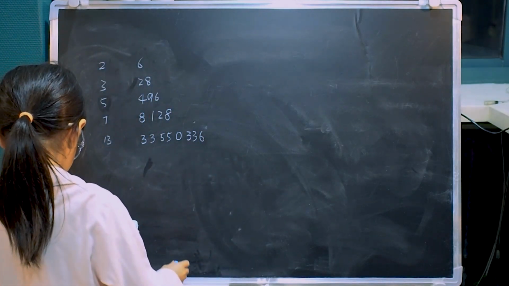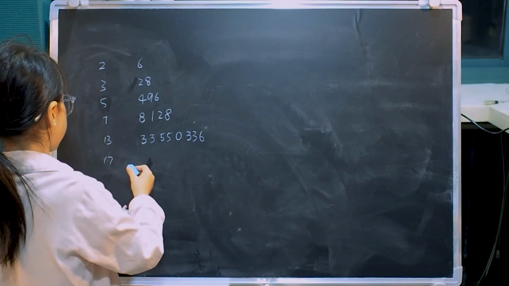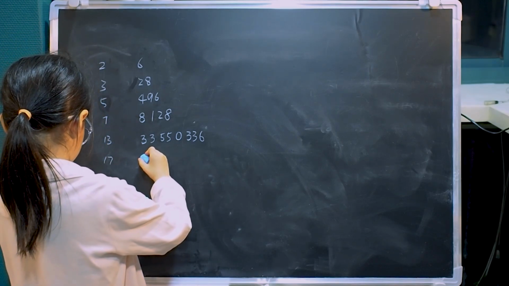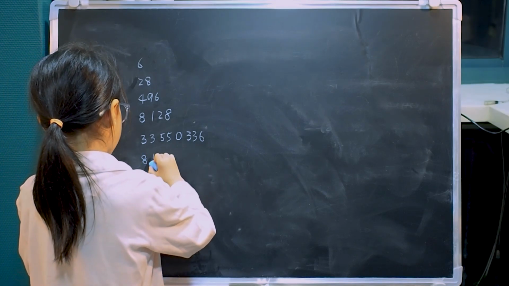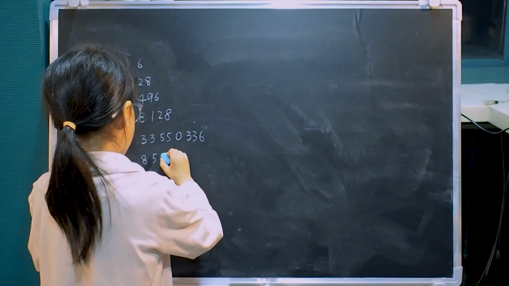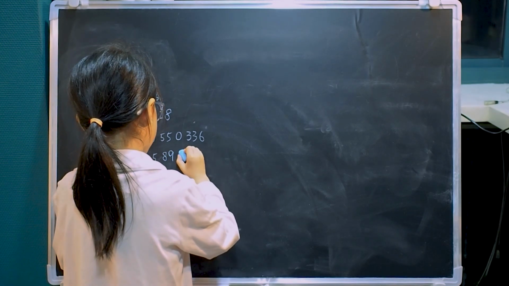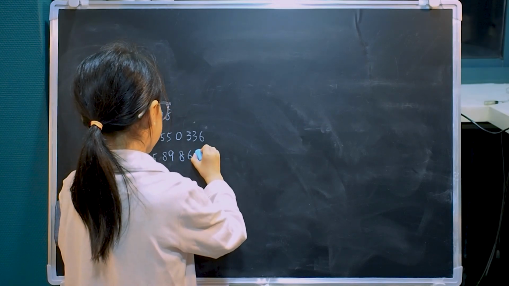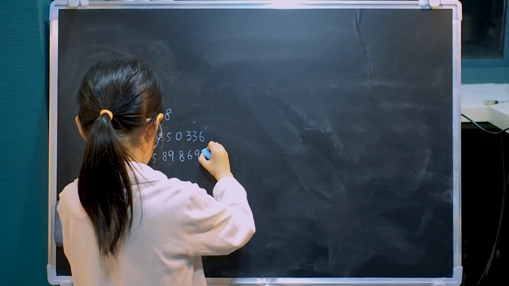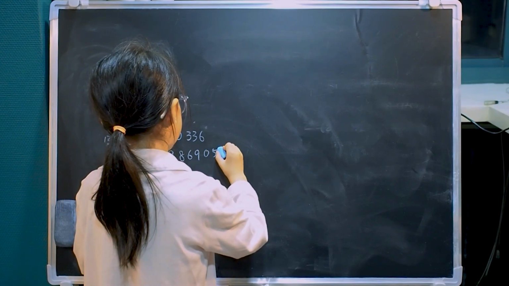And when p was 17, we get 8,589,869,056.